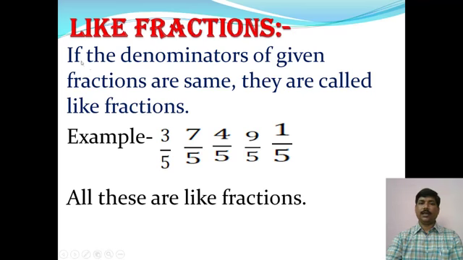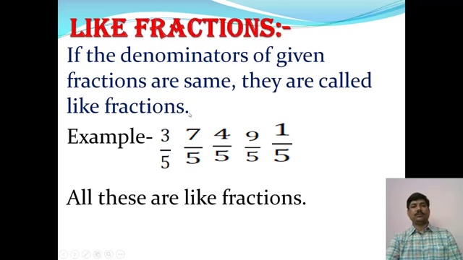How do we check? Whenever we have given fractions, we observe the denominators of all of them. If they are equal, then we can say that this group of fractions are like fractions.